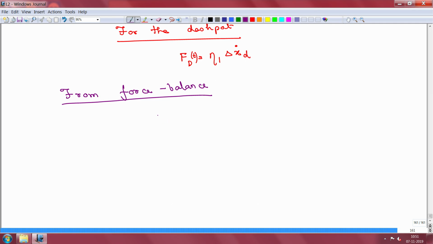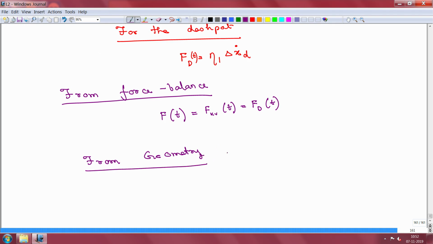So, for the force balance, we can just use the previous case, and we can just say that the force in the system is going to be equal to the 2 individual forces, right. And from geometry, we are once again going to have the same expression, which was that the net displacement is equal to delta x kV plus delta x d.